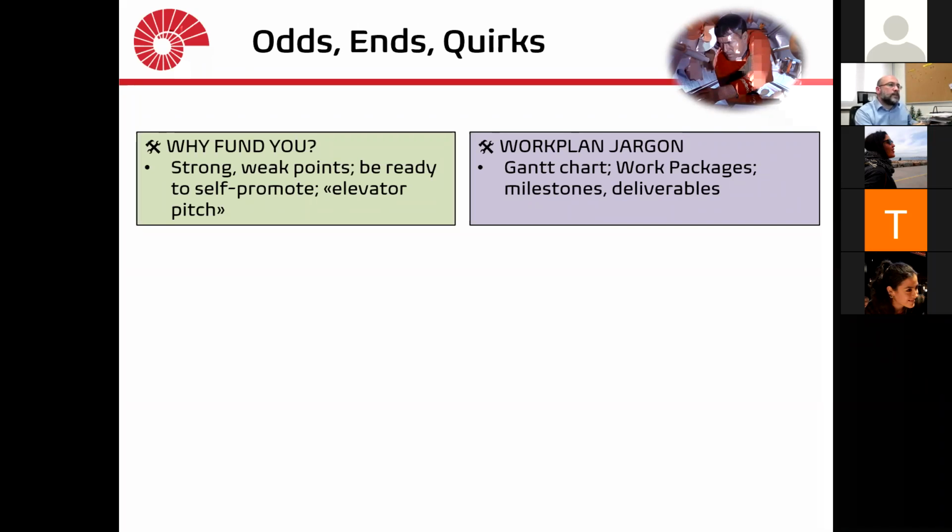It is sometimes useful to be ready to do what is called in industry an elevator pitch, a short summary that you can make about what this proposal is about. This is done in ERC proposals, for example.